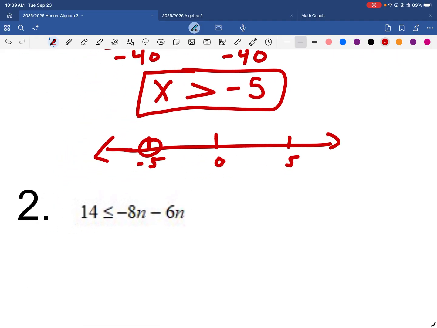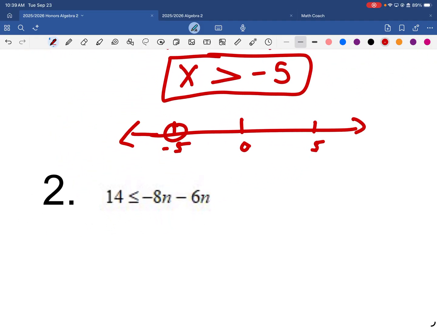And now we need to finish this off. To finish this off, we have to say which direction it goes. I like to read it always with my variable first. This says x is greater than negative 5. So all of my x values have to be the values that are greater than negative 5.